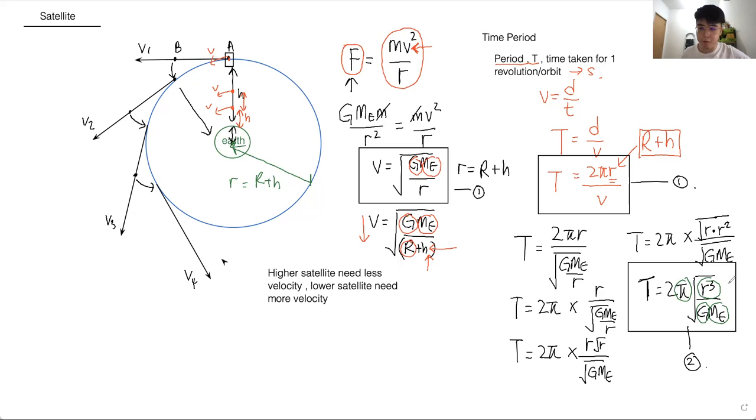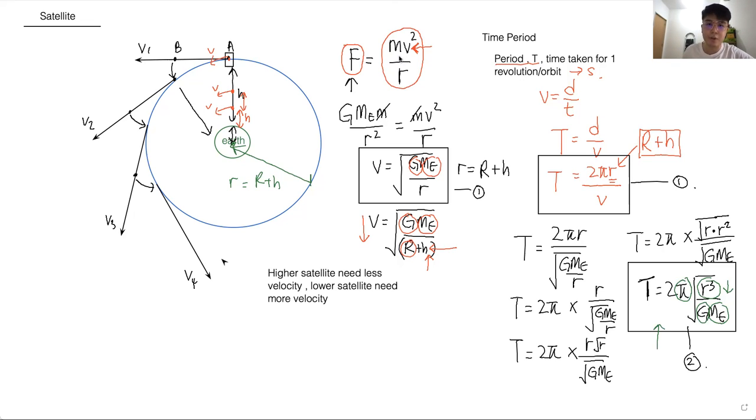If this is small, period will also be small. Okay. If it's big, if it's very far away, then the period will also be very big. So the time taken for the satellite to make one round would be very long. So the bigger the orbit, the longer it takes to make one revolution. Okay, and you can calculate, no problem. You can use this equation to calculate.